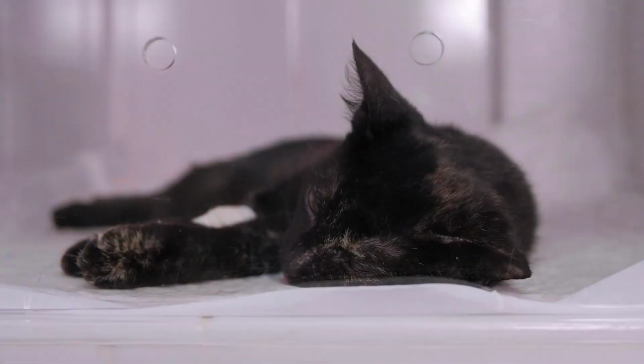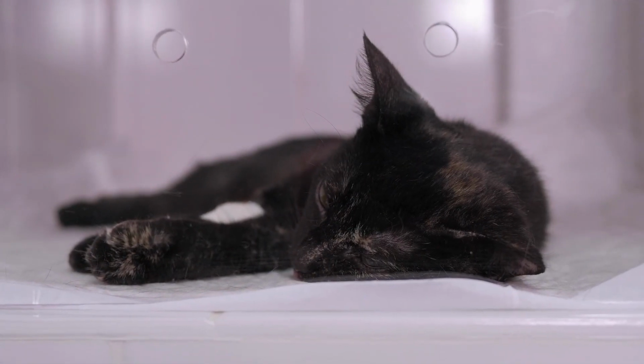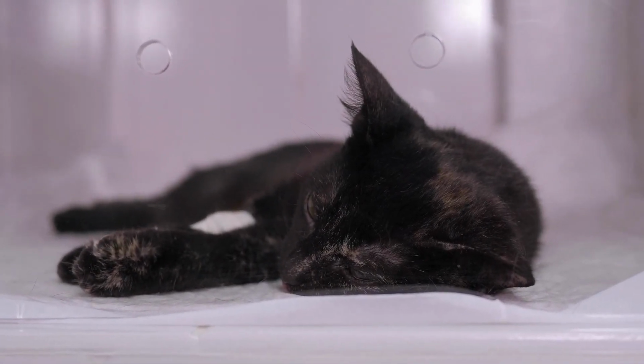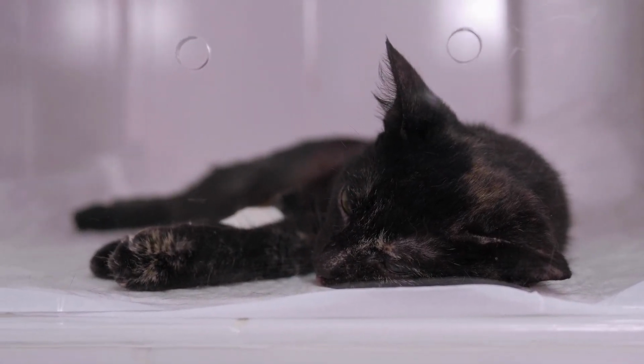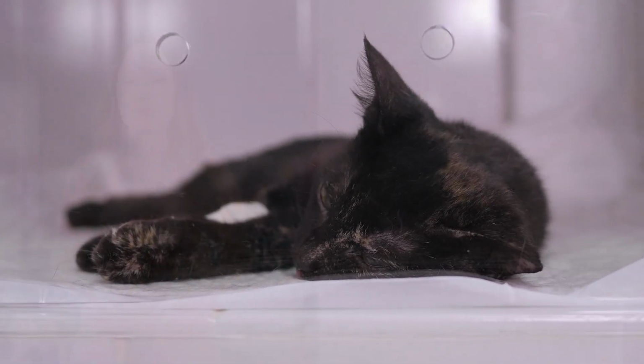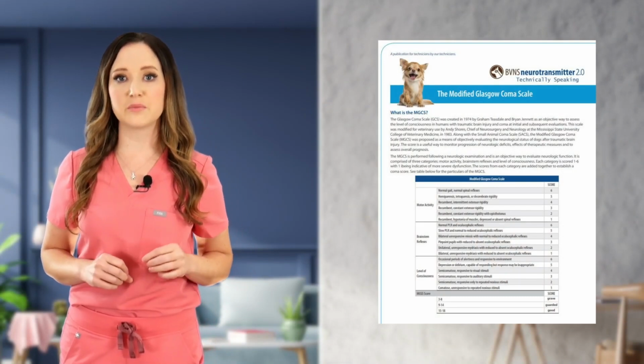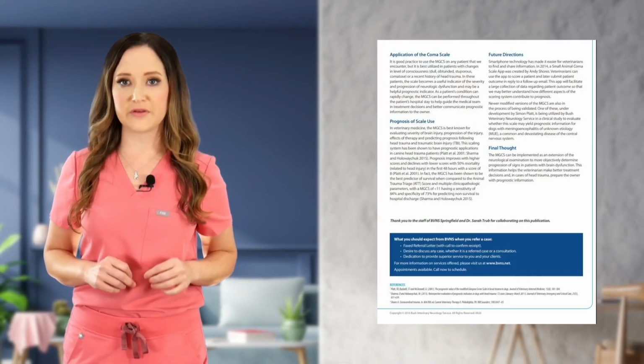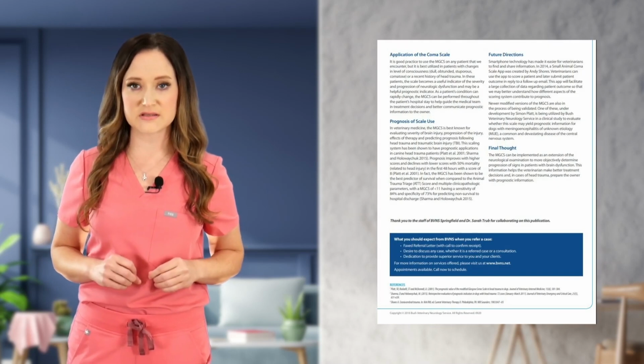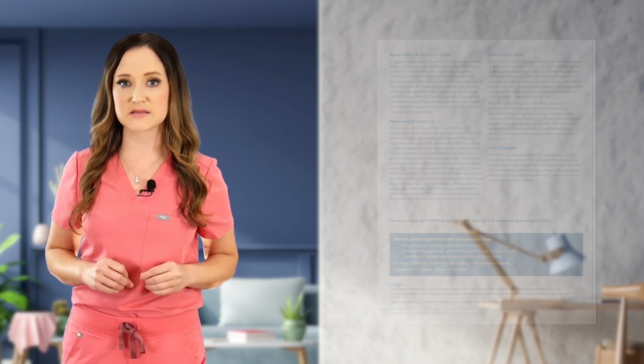Loss of pain perception, particularly deep pain, is strongly associated with a poor prognosis for recovery of function. You can also use the modified Glasgow Coma Scale, a scoring system evaluating motor activity, brainstem reflexes, and level of consciousness on a score of 1 to 6, with a higher score associated with a more normal examination.